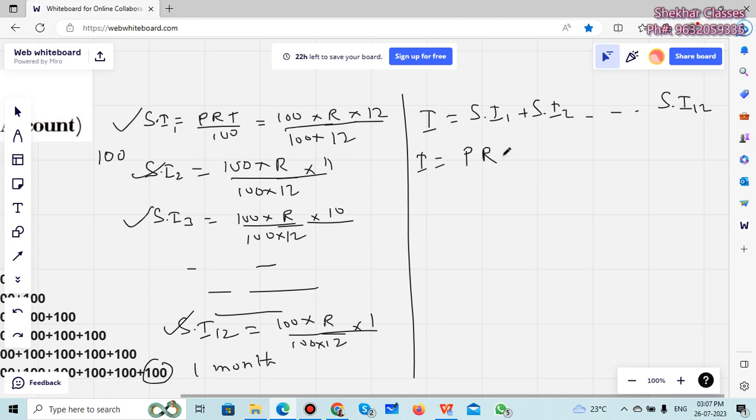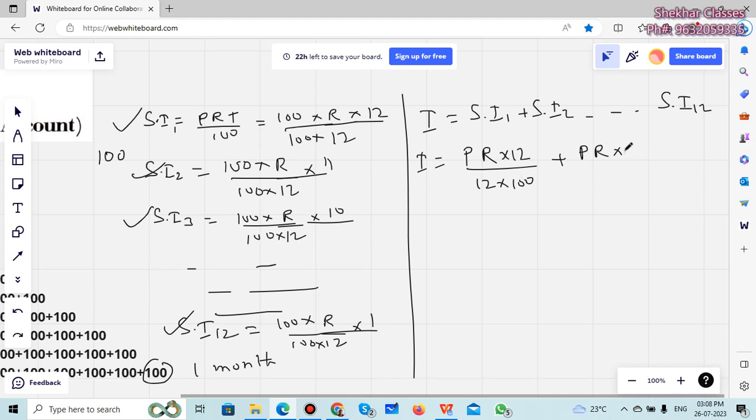Because we are making it in months here, so into 12 upon 12 into 100 here. Second one will be what? Principal I'm not writing as 100, because we have to write it in this example here. I'm just taking it as a principal. It will be what? Next one, that is P, rate is same, and into 11 months.